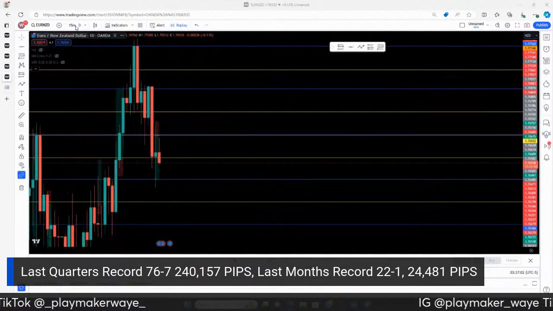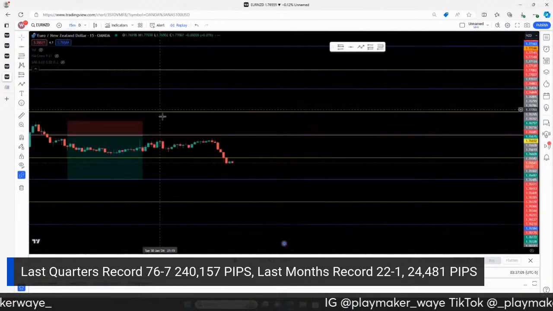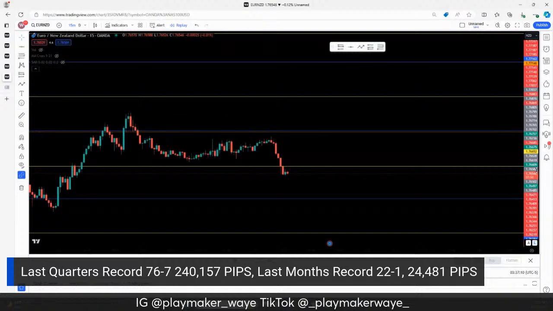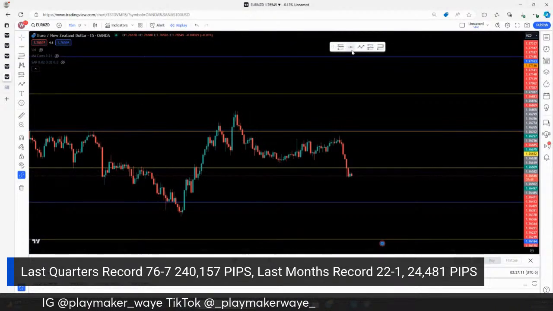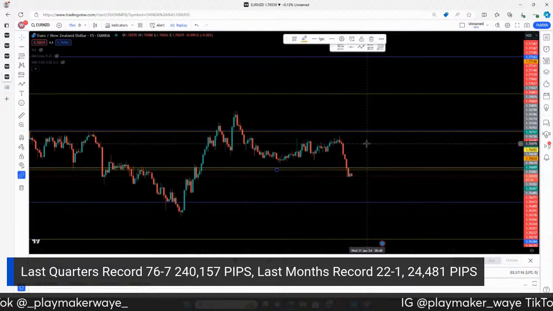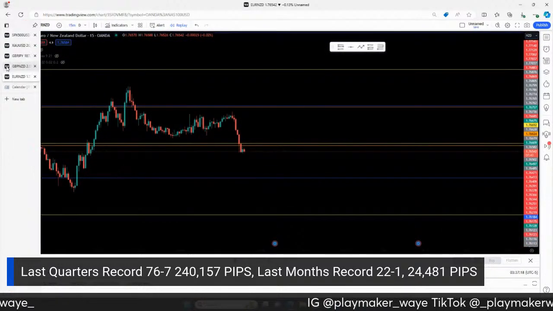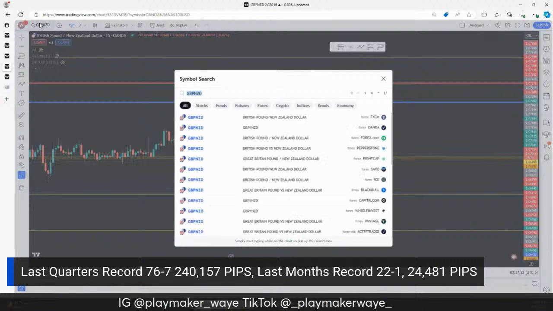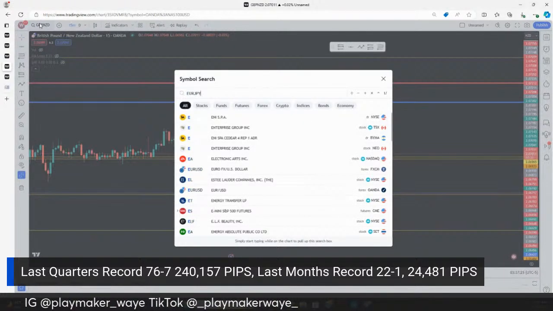Looks like the euro pairs are moving a little bit smoother than the GBP pairs. I didn't take this trade. This was a trade idea I had probably from Monday. Let's just go up that level. It's doing a nice retest right there. Let's see what the charts are looking like.